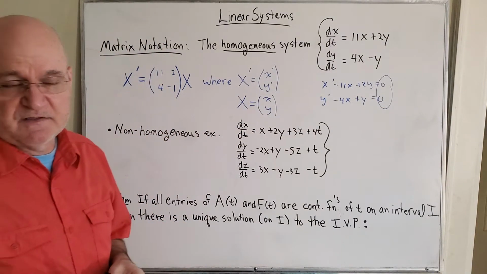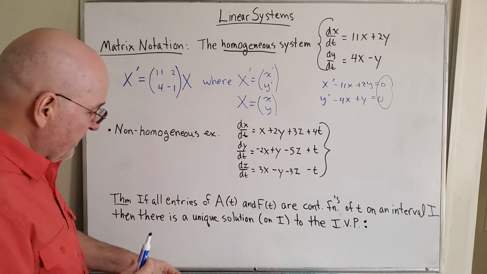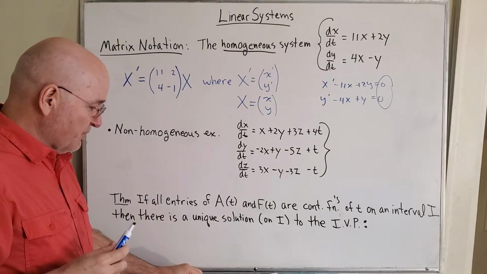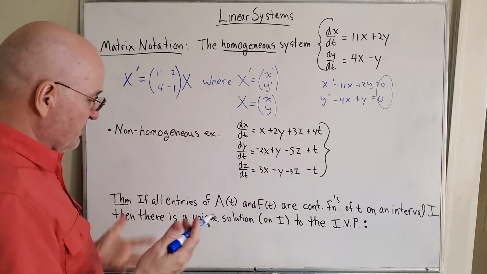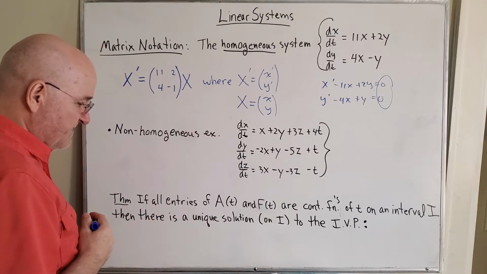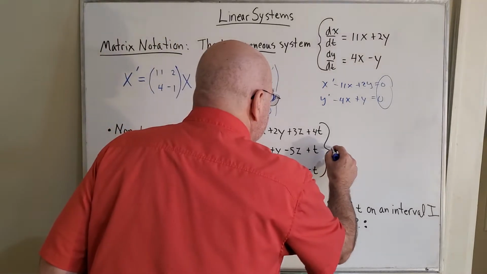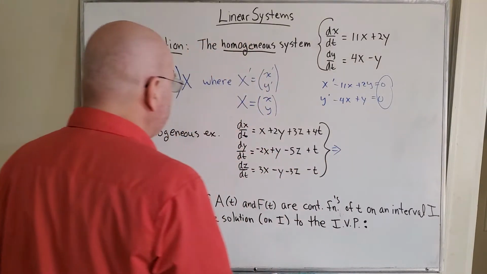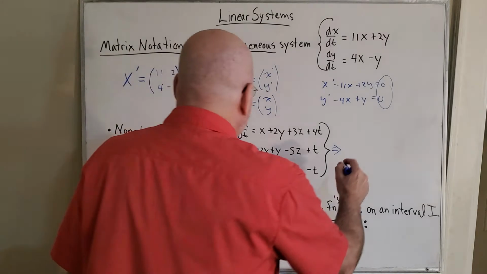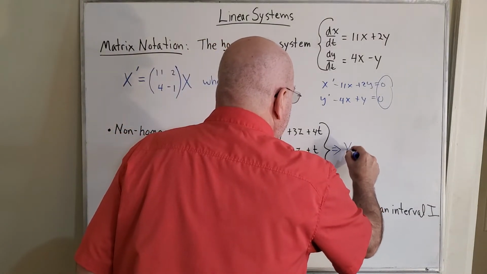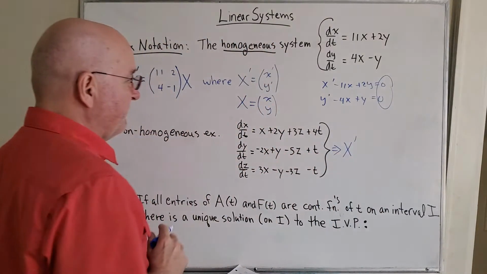Here's a non-homogeneous case. We've got three differential equations with three variables, x, y, and z. And this could be written as x prime, and we run out of room here.